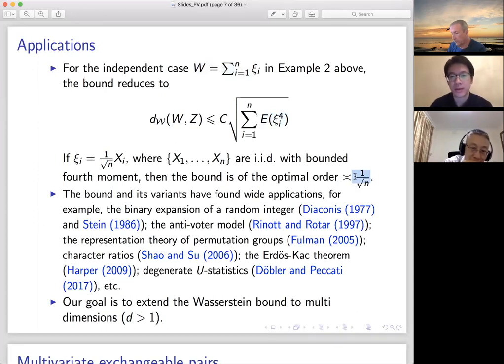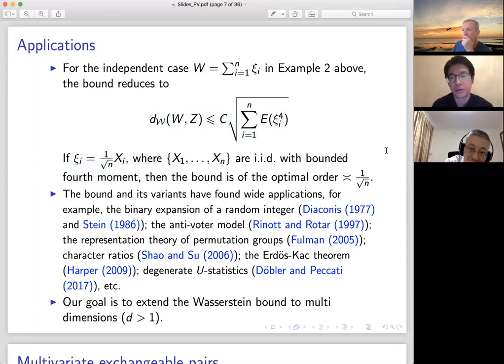It's known that this order is optimal, although comparing with the classical Berry-Esseen type bound in terms of sums of third absolute moments without square root, here we need to impose a stronger bounded fourth moment condition.